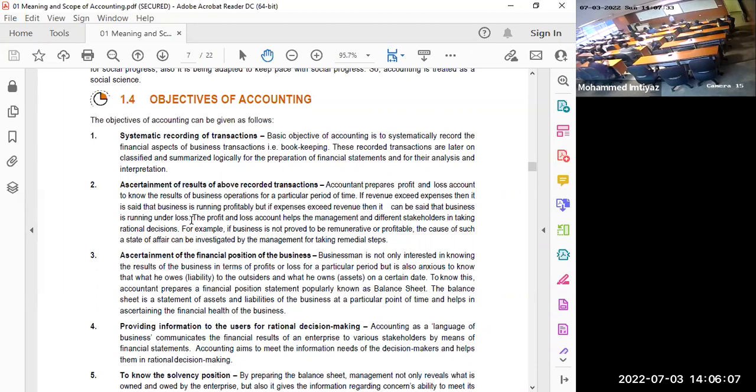Solvency position can be ascertained in the third objective itself, but if you analyze in detail, you can find a little more insight about the solvency of the company. So these are 5 objectives, but the important objectives are only the second and third: to ascertain the profit, and to ascertain the financial position.